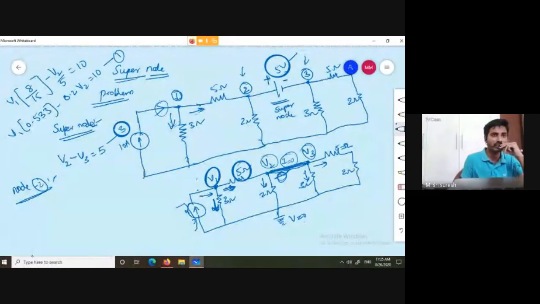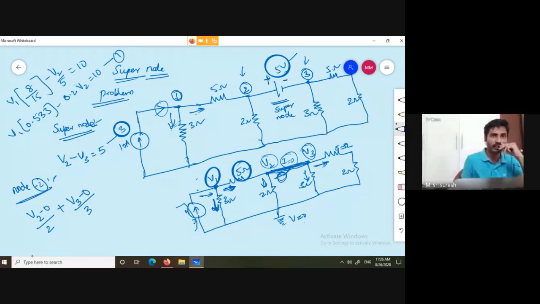The current flowing to the 2 ohms branch is nothing but V2 minus 0 by 2, plus this is the outgoing current to V2 node. And at V3 there are two outgoing currents. First I am writing the 3 ohms branch current, V3 minus 0 by 3.